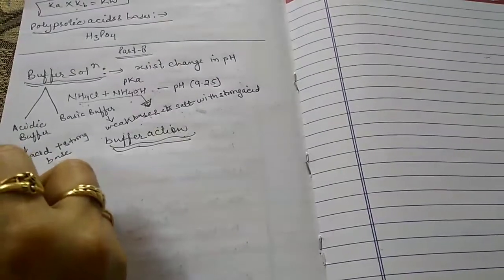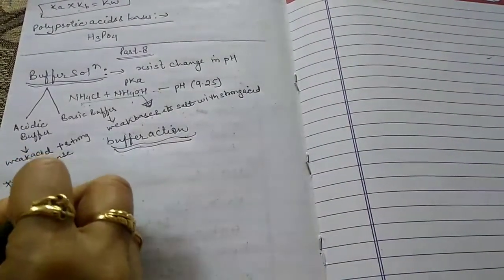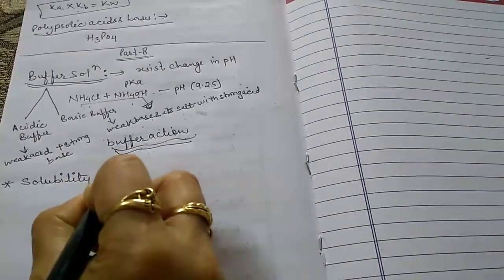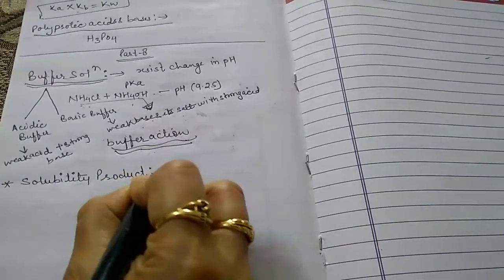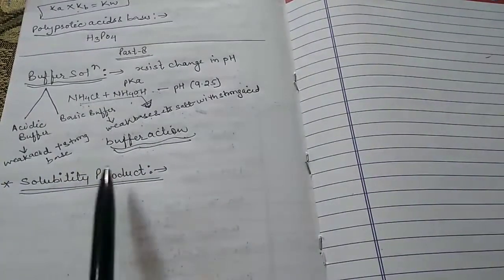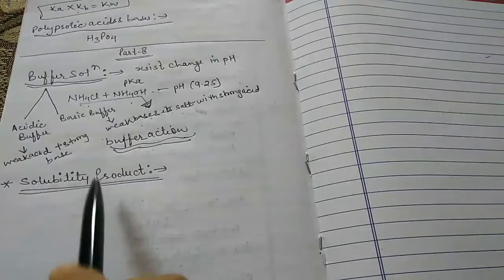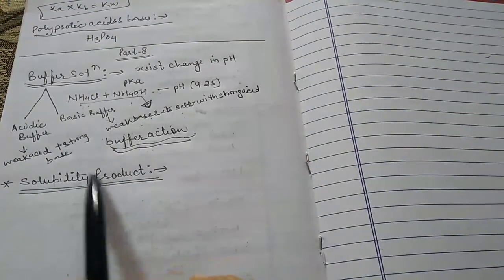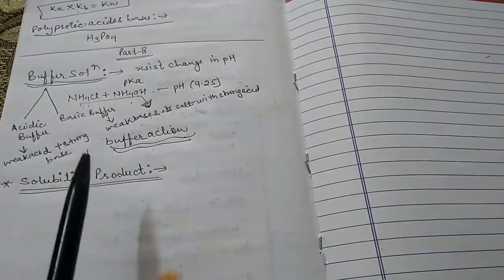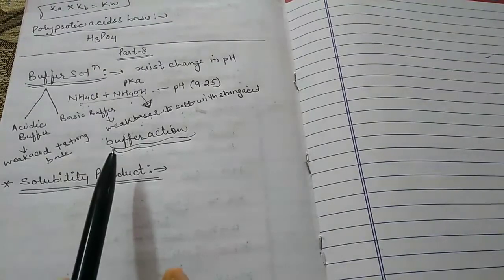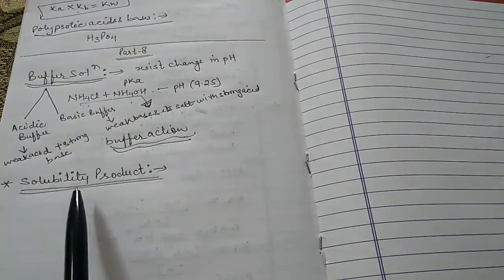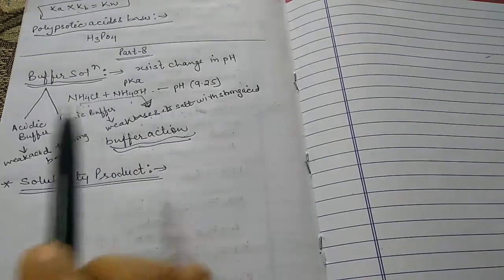Now the next term is solubility product. We have already learned that the solubility of ionic solids in water differs to a great extent. Some of the ionic solids are so soluble that they are hygroscopic in nature and absorb water even when the water is present in the atmosphere.